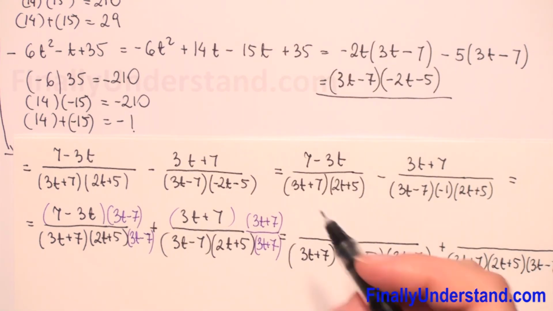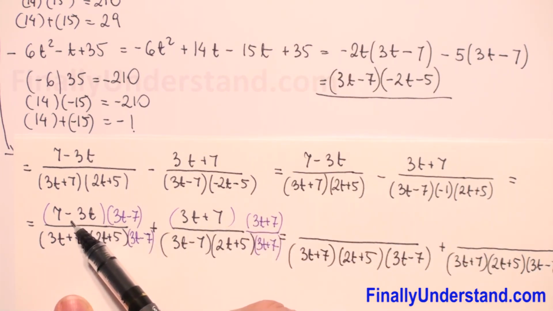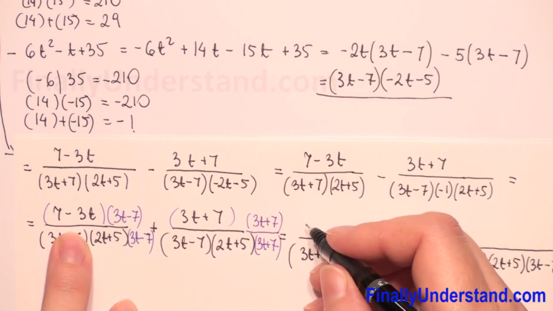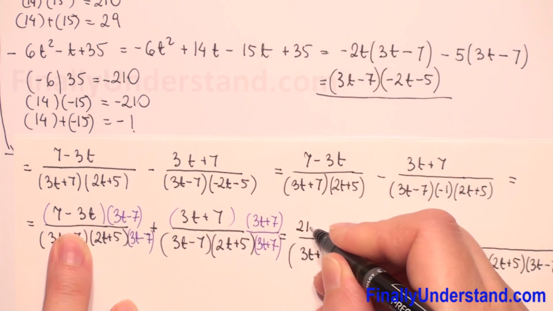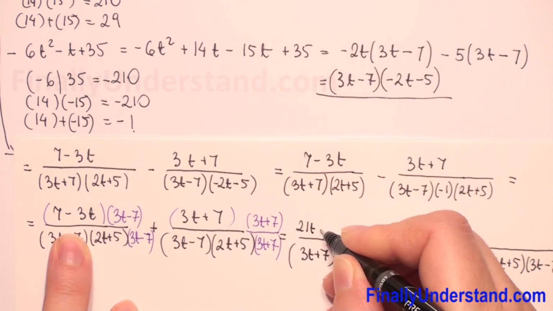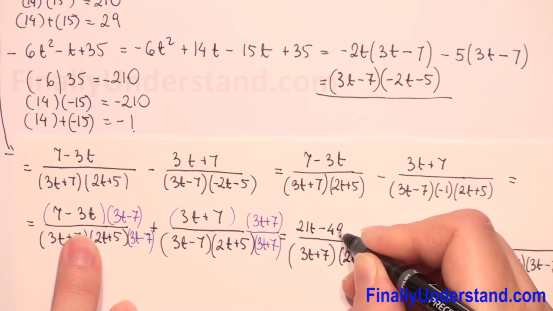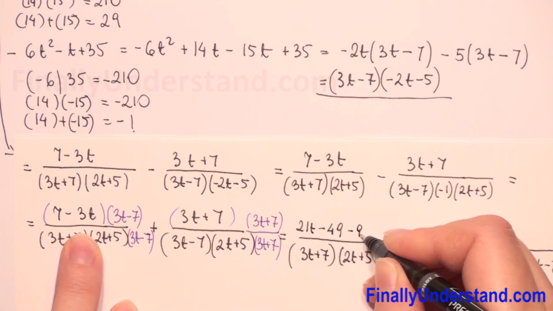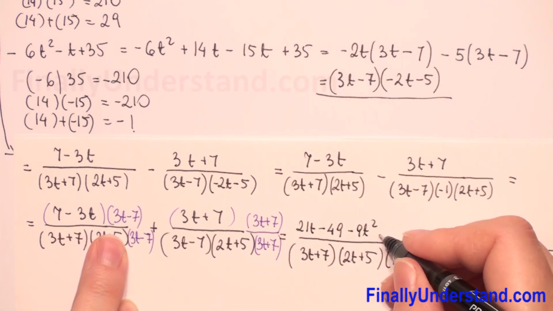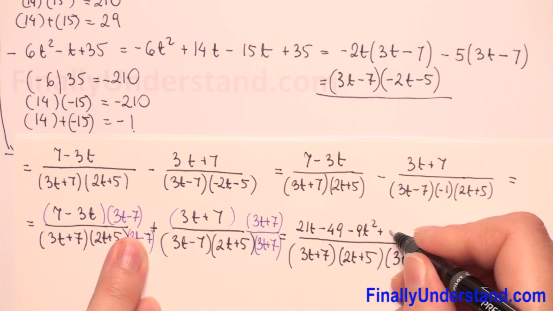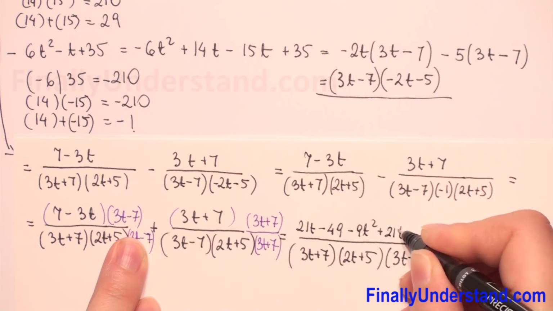So now we have denominators, and we have to do multiplications in the numerators. So we will have to multiply every expression in the first parenthesis by every expression in the second parenthesis. So it will be 21t, 7 times negative 7 will be minus 49, minus 9t squared, plus negative 3 times negative 7 will be plus 21t.